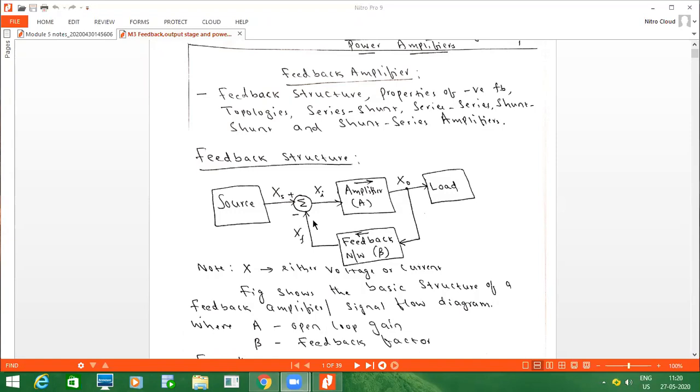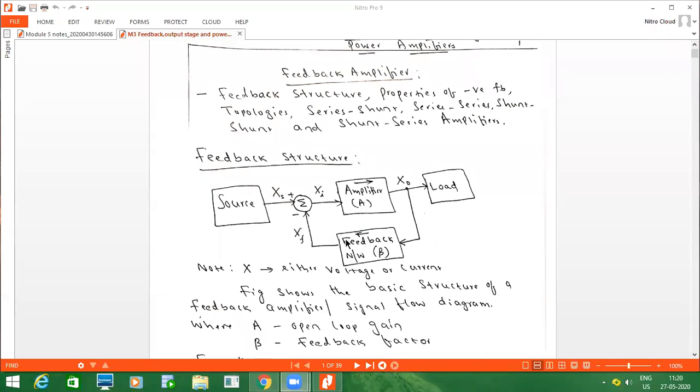For designing an oscillator, we have to use positive feedback. Negative feedback means, what, these two signals are there, XS as well as XF. It may be current or voltage, whatever it may be, XS and XF, these two signals should be in phase. Correct? When these two signals are in phase, that type of feedback network we call a positive feedback.